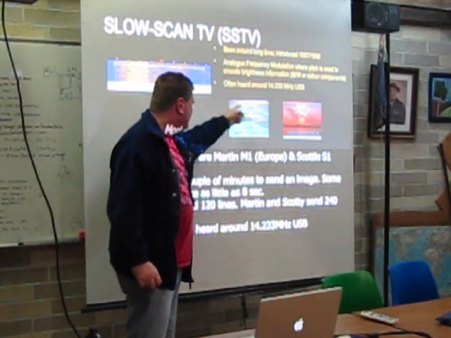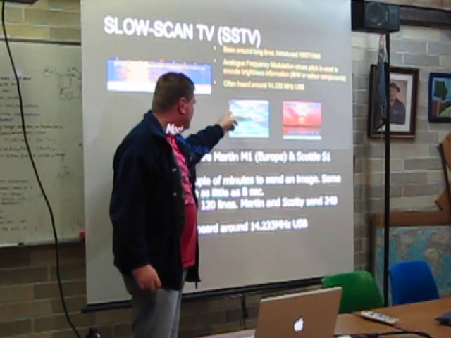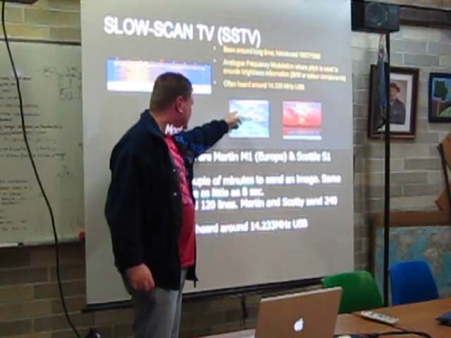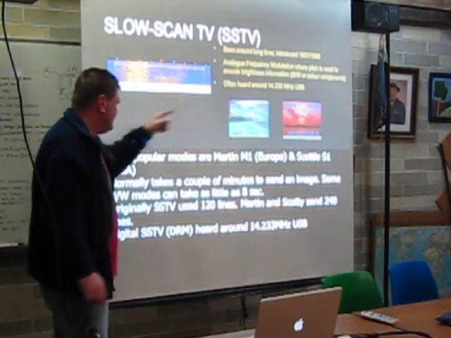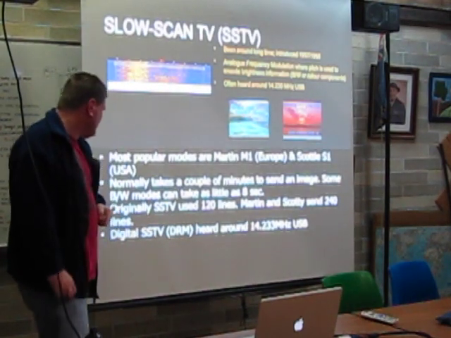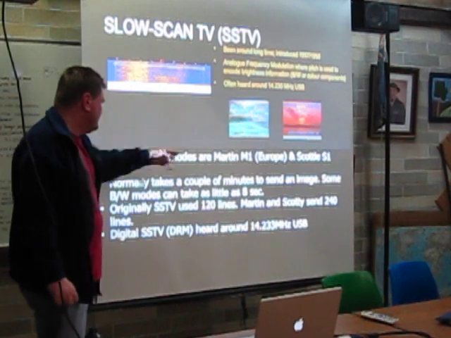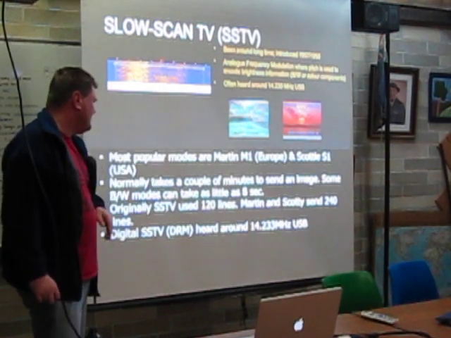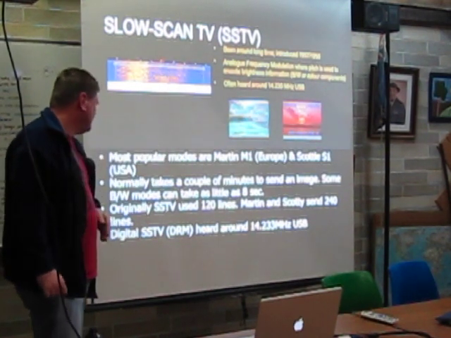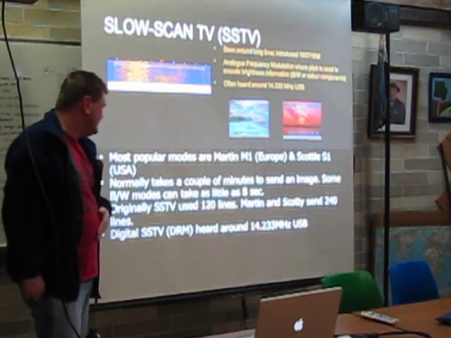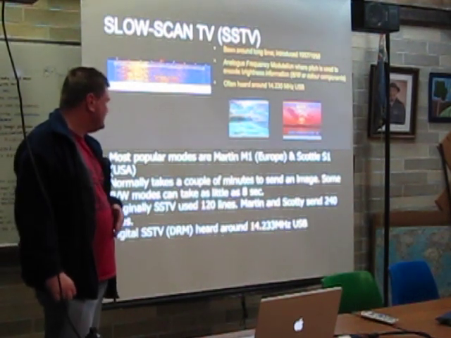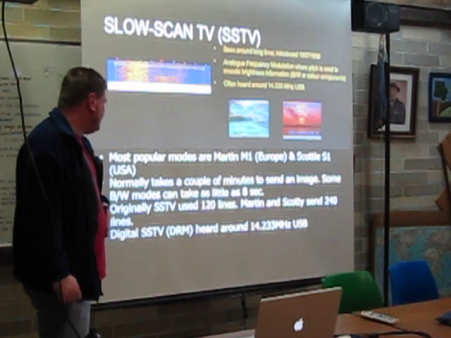So you scan one line at a time, and as the pitch goes up, maybe it's brighter, and the pitch goes lower, then it's darker. And so basically it draws out the picture. So the two most popular modes are this Martin M1 and the Scotty S1. I think the guys the other night were using the Scotty mode to send pictures to each other.